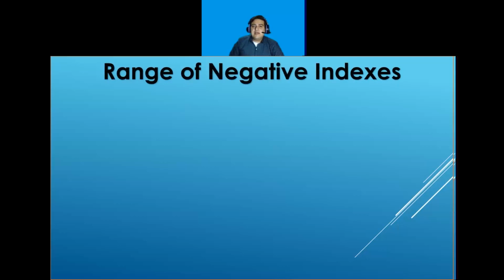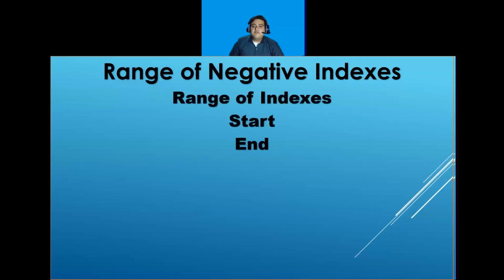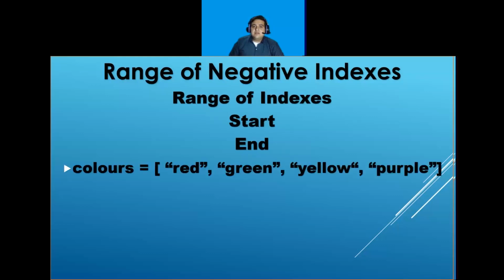The range of negative indexes is the same as the range of positive indexes, but here you have to start the search from the end of the list. So for example, here is my list and you have to print from red to yellow. It is the same as positive indexing, but you will give the negative indexing here.